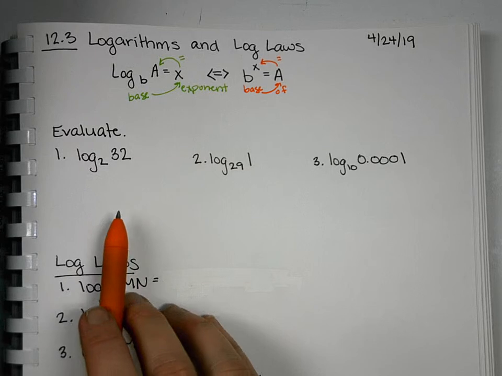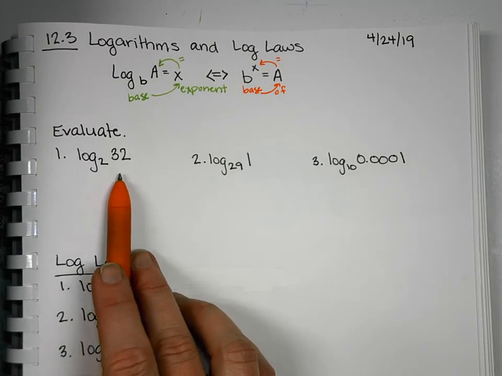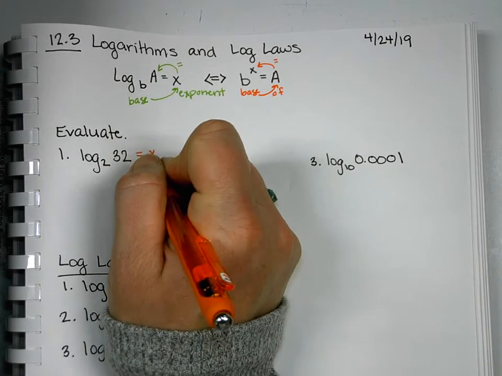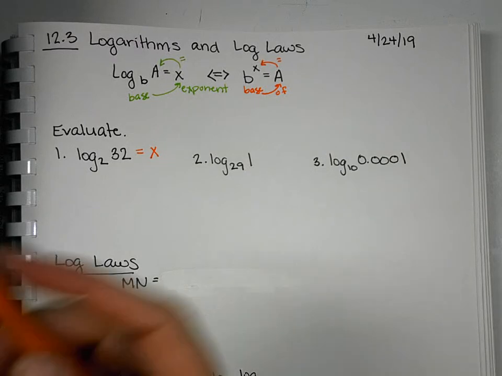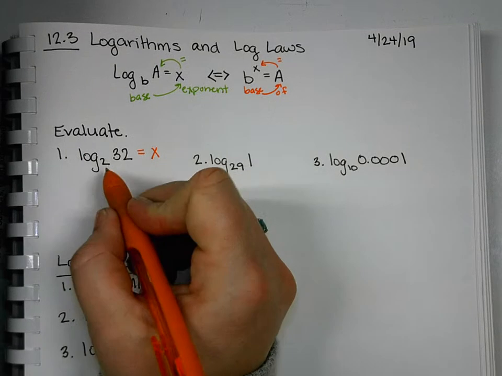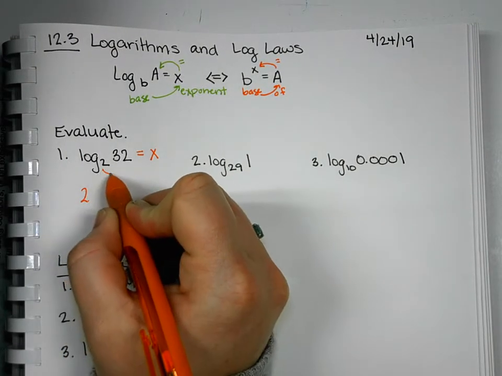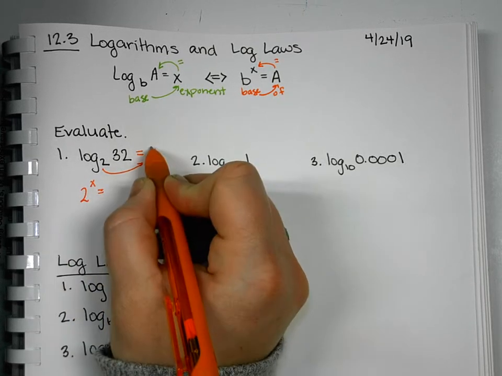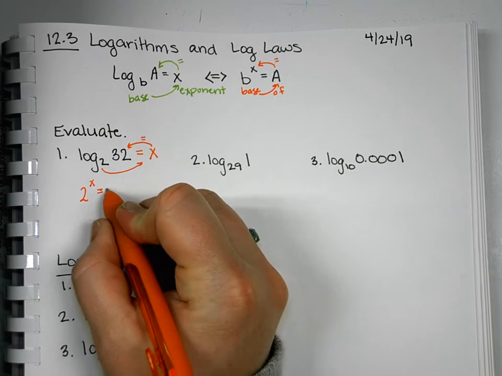So when it comes to evaluating, we're asked to find log base 2 of 32. Well, I know that this has to equal something, so I'm going to put equals x. Then I'm going to rewrite it in exponential form. So I have my base of 2 to the power of x equals 32.